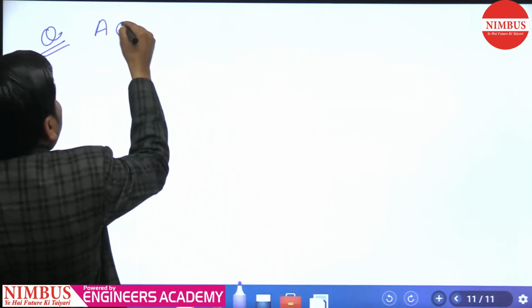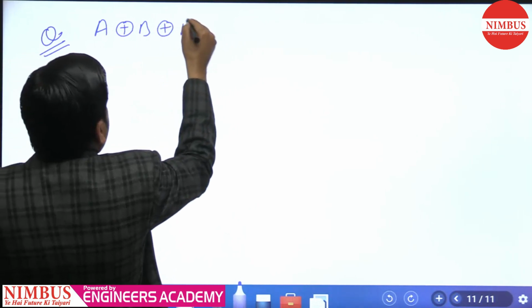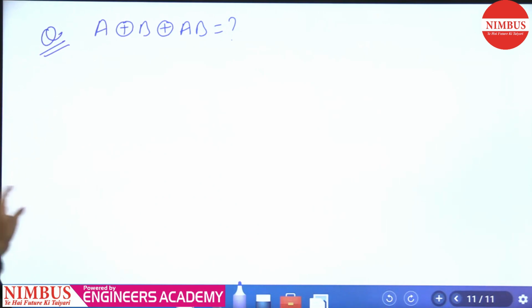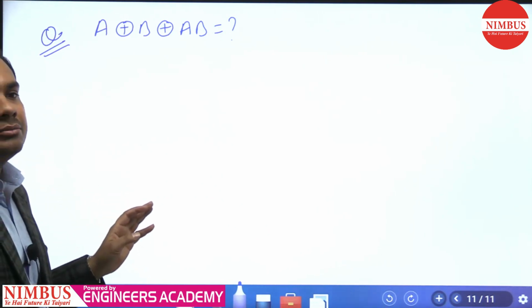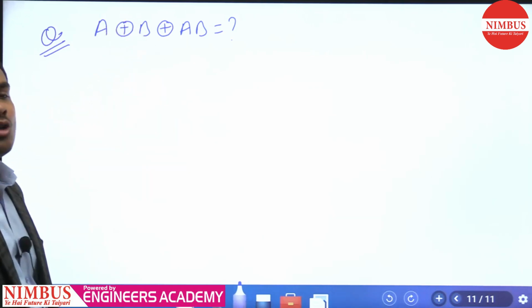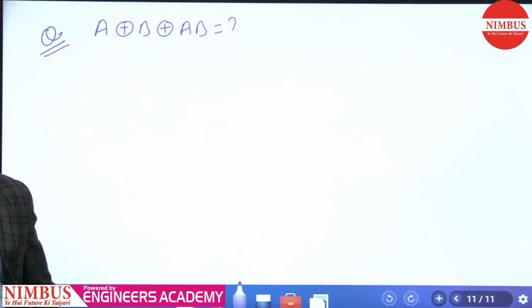Find out the simplified Boolean expression for this given function. You have to find out the simplified Boolean expression for this one: A XOR B XOR AB.